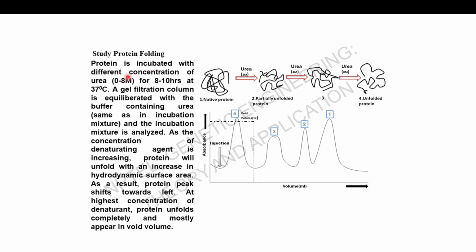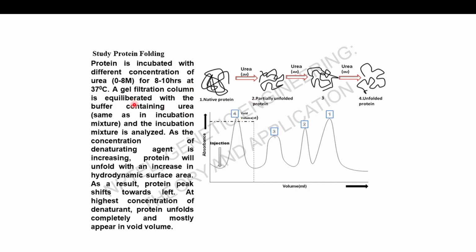So if you treat your sample at different concentrations of urea, for a particular period of time at a particular temperature, and pass it at different time points through the SEC column, the profile of that SEC column will actually help you understand the protein folding status in the presence of different concentrations of your denaturing agent, right?